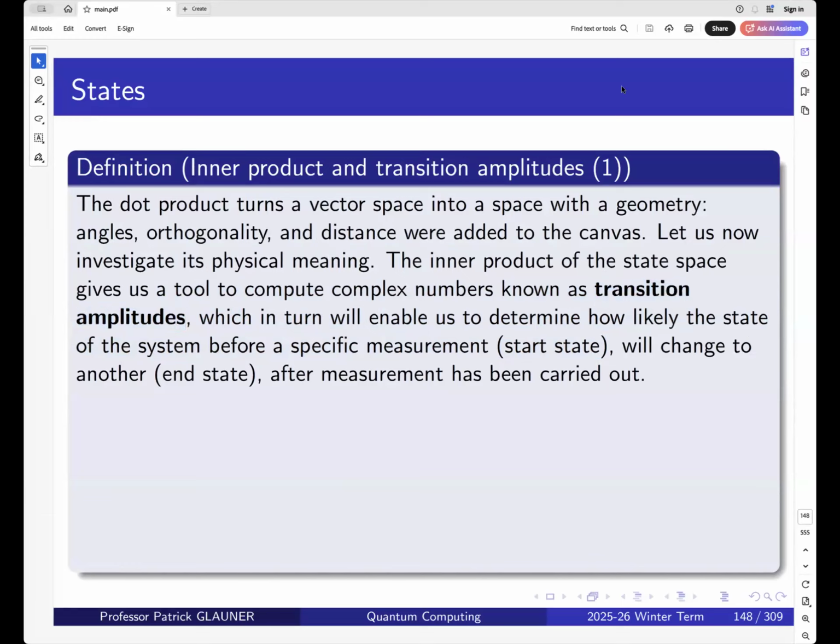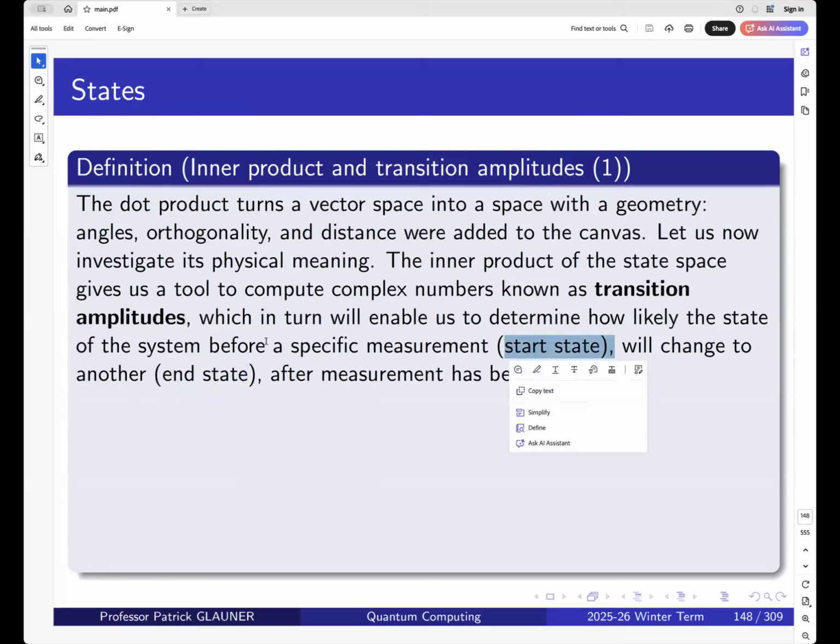Eventually, when we use this bracket notation, we are calculating the inner product of that state space. And what does that mean? The transition amplitudes will enable us to determine how likely the state of the system before a specific measurement, the start state, will end in another one, the end state, after measurement has been carried out.